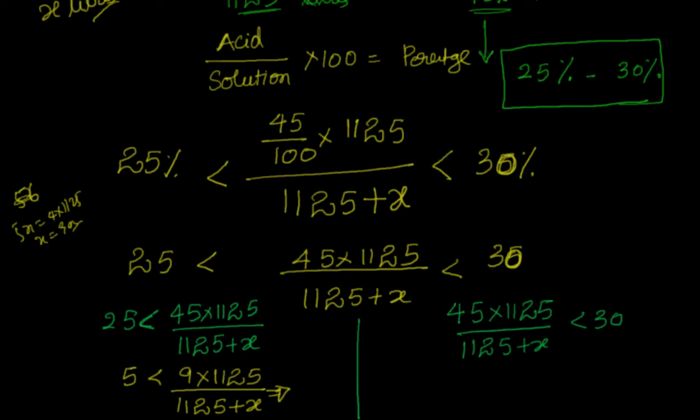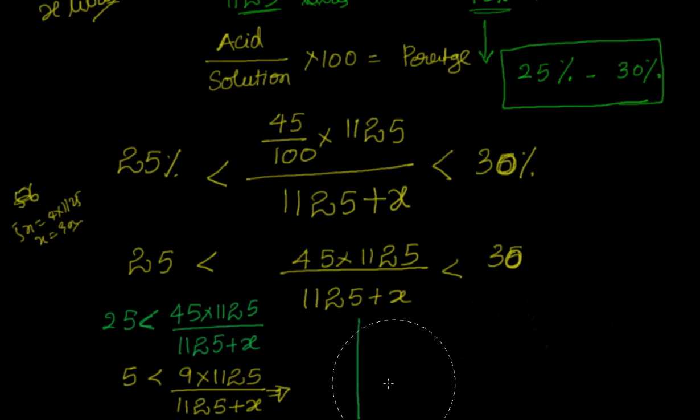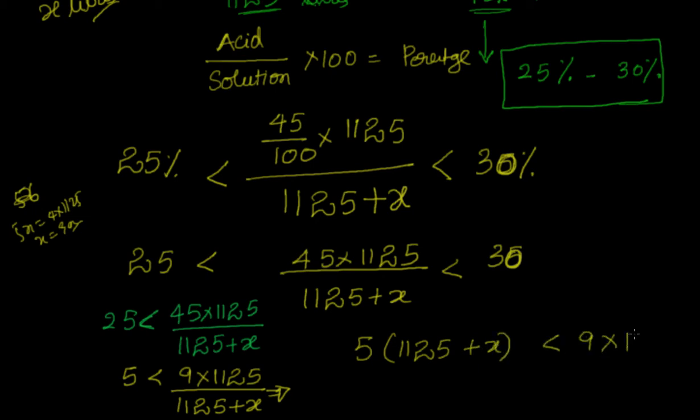Maybe I will erase this and simplify it here itself. Now this is nothing but 5 into 1125 plus x is less than 9 into 1125.